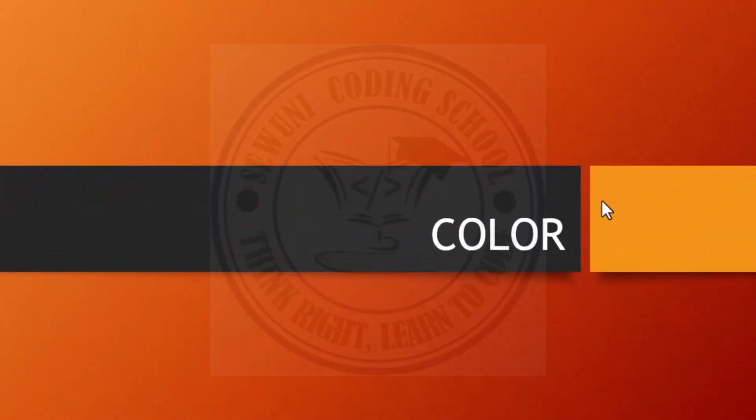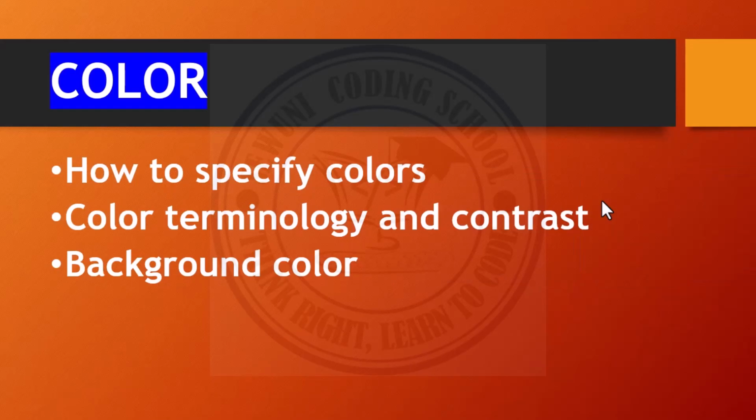So as you can see, color is what we are discussing. When we say color, we are going to explain how to specify colors, whether through RGB, HSL, HSLA, or by using color names.